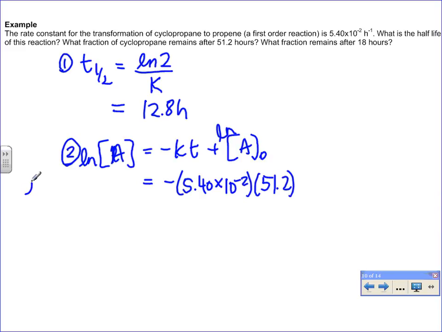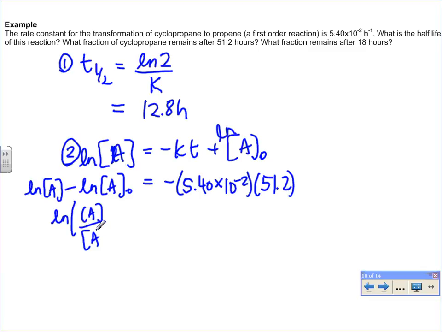So if I've got ln of A, and I subtract ln of A naught, that's really ln of the concentration of A over the concentration of A naught. So I can figure out the relationship between the two. And I've got my negative kt here.